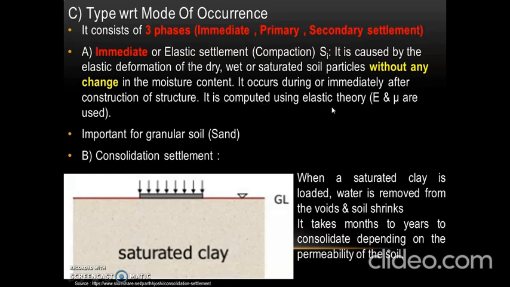And it is computed using elastic theory, wherein we need to know the value of Young's modulus and Poisson's ratio. And this is important for granular soil. Like for example, if the structure is constructed over the sand, we observe immediate or elastic settlement with the removal of air from the voids.